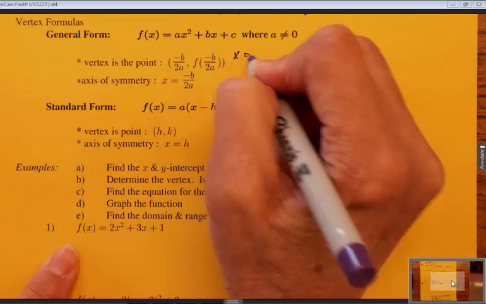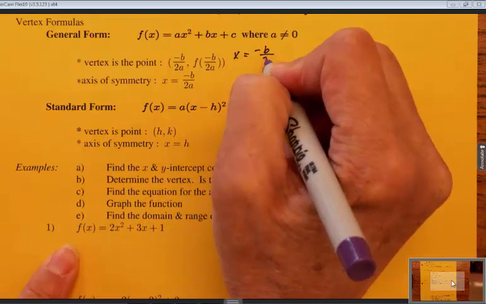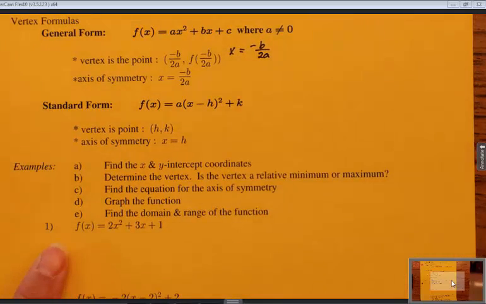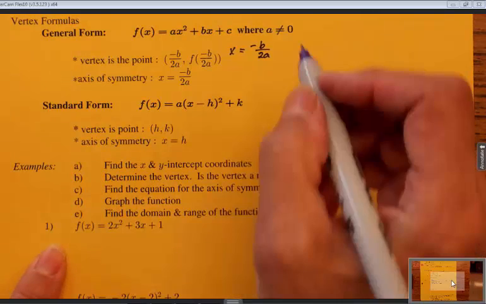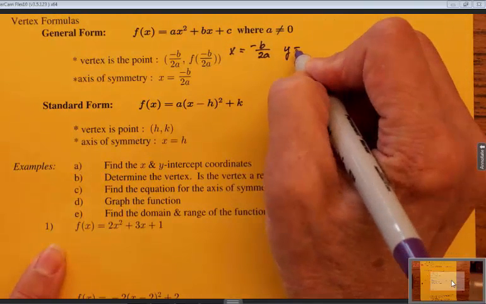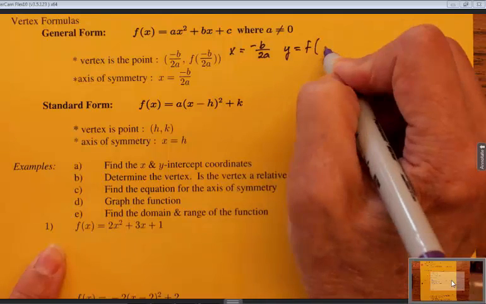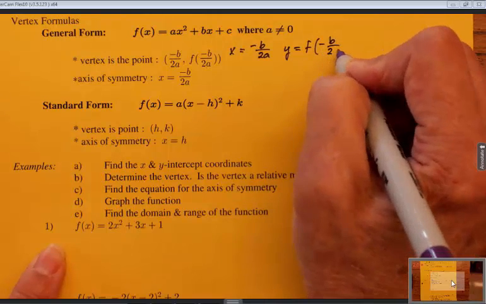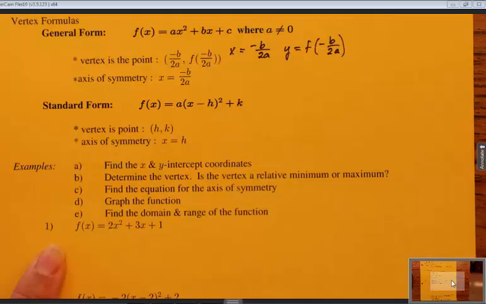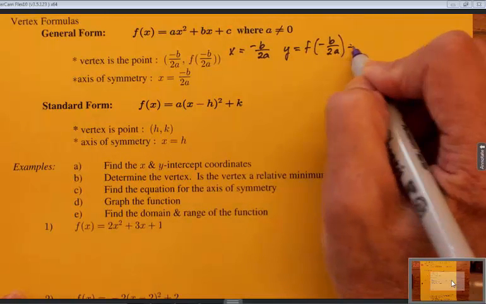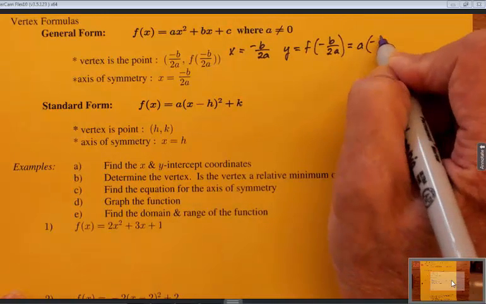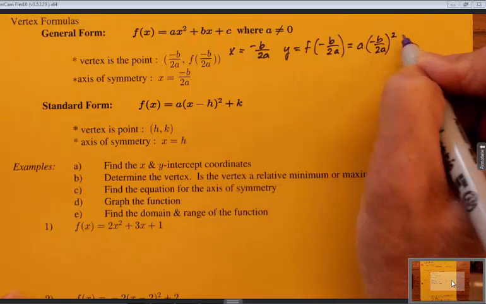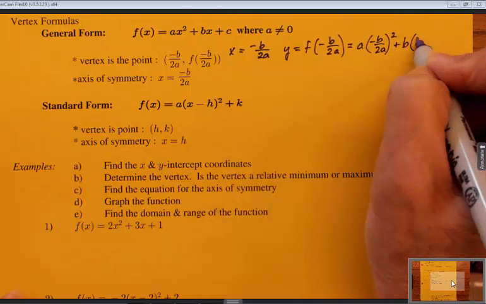X is equal to negative b over 2a. Y is going to be found by putting in whatever you get from negative b over 2a into your function, wherever you have an x.